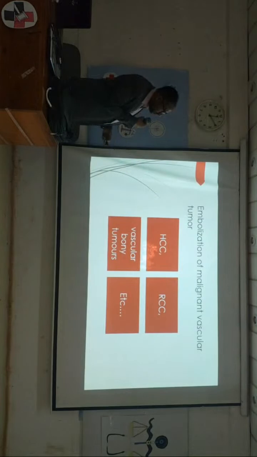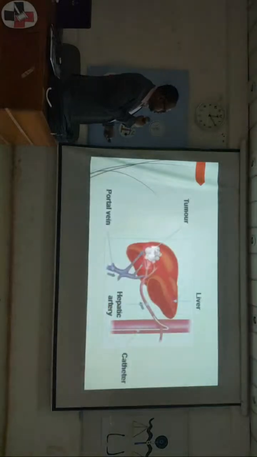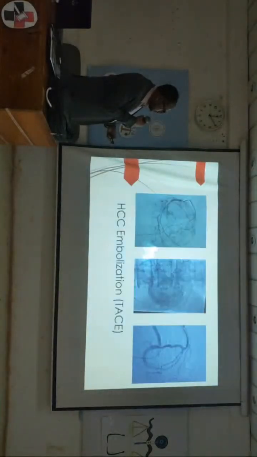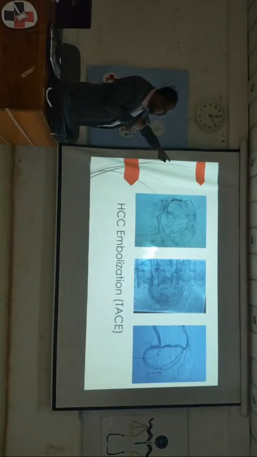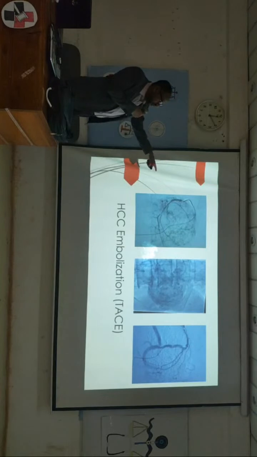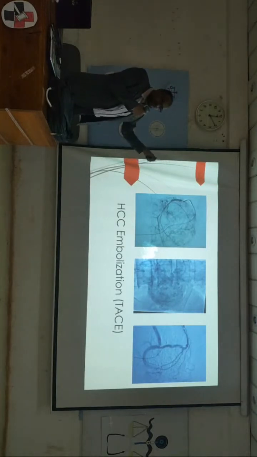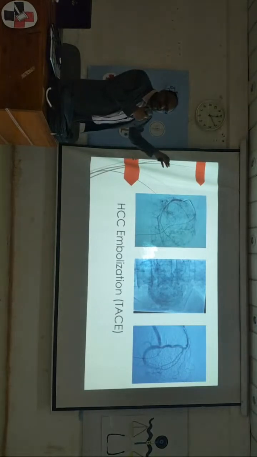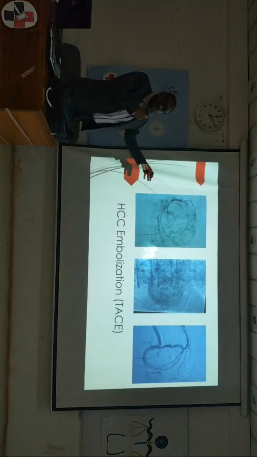Embolization of malignant vascular tumors: hepatocellular carcinoma, renal cell carcinoma, vascular bony tumors. I will go fast. This is a case of HCC embolization. In HCC embolization, this is called TACE, transarterial chemoembolization. We treat hepatocellular carcinoma by delivering embolic material and chemotherapy inside the lesion through the arterial route.